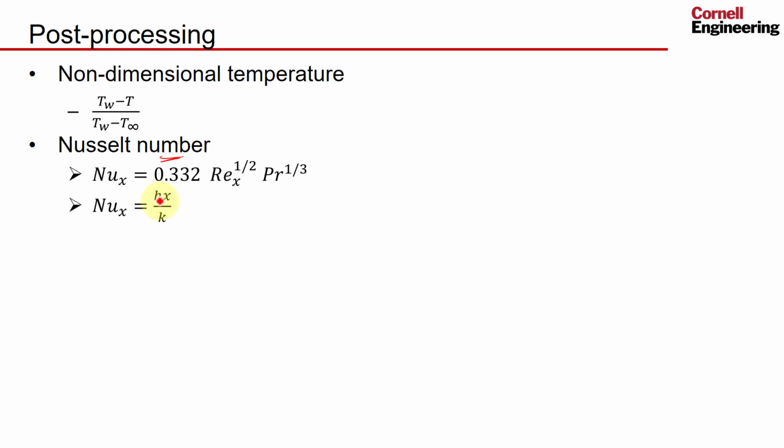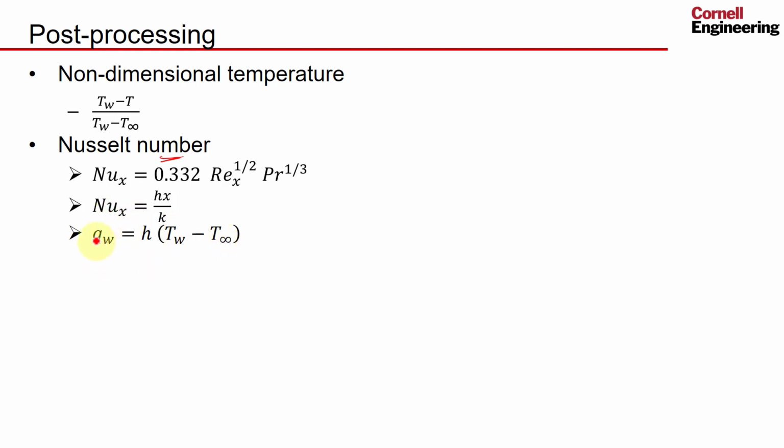H is the surface heat transfer coefficient, and from H we can get the heat flux at the surface, or at the plate, by multiplying H by TW minus T infinity.